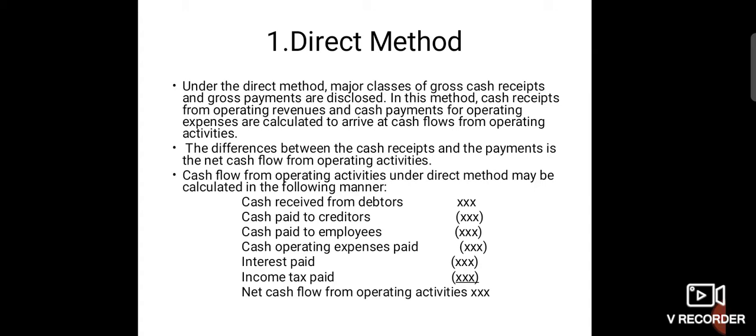So we'll write the positive figures as well as negative figures, and we'll calculate the net amount, that is the difference between cash receipts and payments, that is net cash flow from operating activities. This is the calculation of cash flow under the direct method.